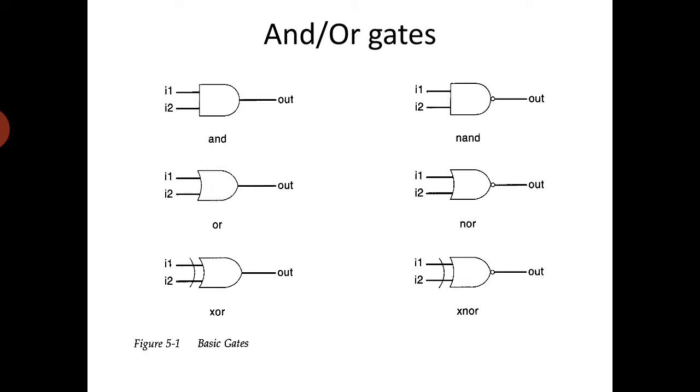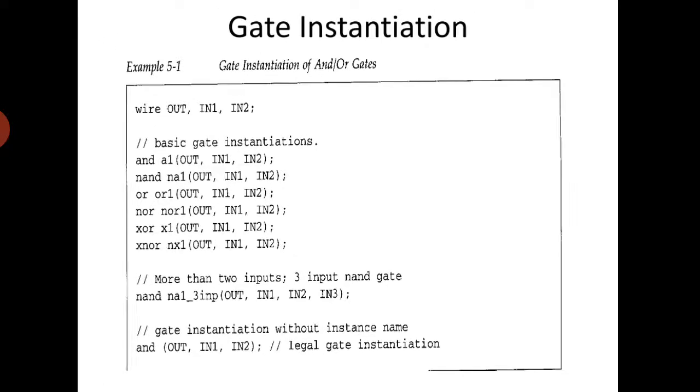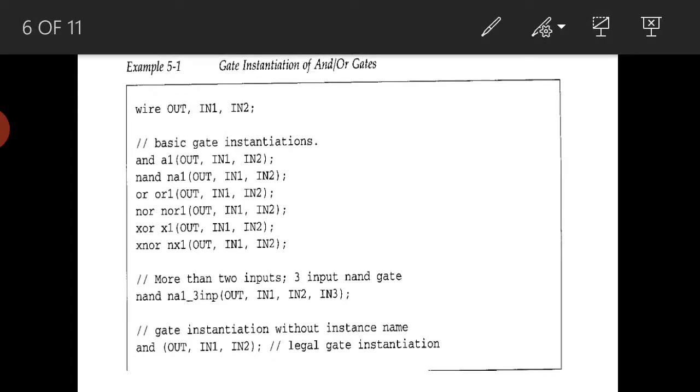These are the types and symbols, and this is how we instantiate each gate, each component, in Verilog. Instantiation means using a particular predefined primitive, with the syntax: the predefined keyword, instance name, and the input output parameters, and the output should be declared first.